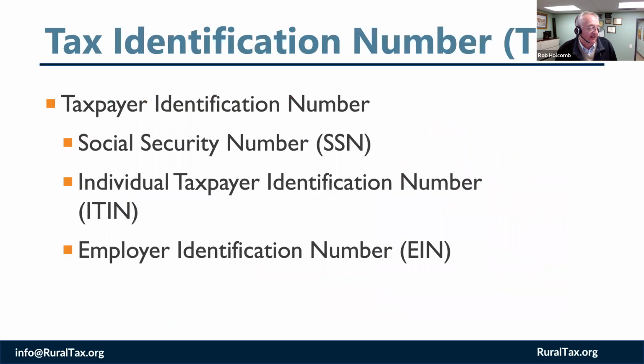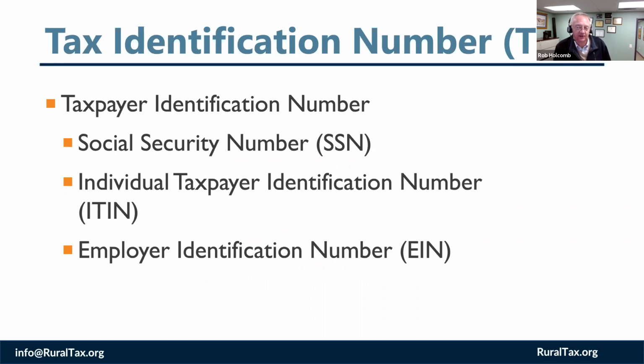Next one, please, Kevin. Okay, let's get into tax identification numbers here, or a TIN. This is the information that you need to gather from that person you're going to issue the 1099 for. I know we talked about this a little bit earlier. This could be the Social Security number. It could be an ITIN, which is an individual taxpayer identification number.